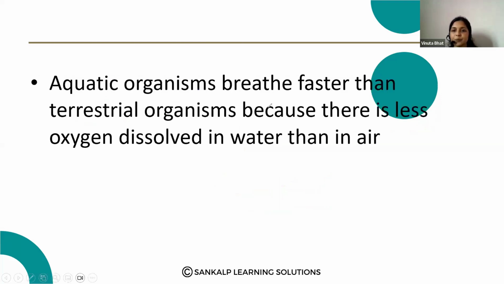Aquatic organisms breathe faster than terrestrial organisms because there is less oxygen dissolved in water than in air. The dissolved oxygen is less compared to the oxygen present in the air. So for this reason, aquatic organisms breathe faster than terrestrial organisms. So like this, you should write the answer. So this is the 1 mark question. Okay.